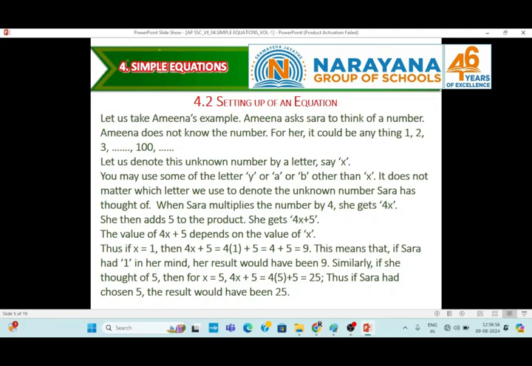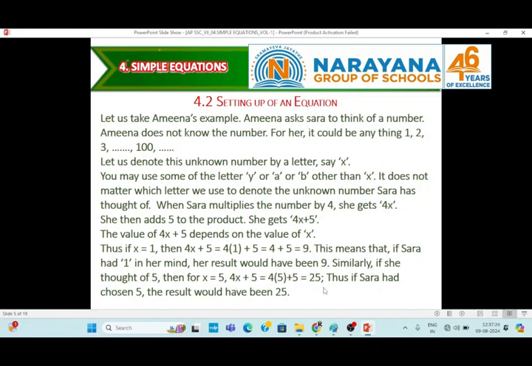The value of 4x plus 5 depends on the value of x. For example, if x is equal to 1, then what is the value of 4x plus 5? It becomes 9. So this means that if Sarah had 1 in her mind, her result would have been 9. Similarly, if she thought of 5, then for x equal to 5, the value of 4x plus 5 becomes 25.